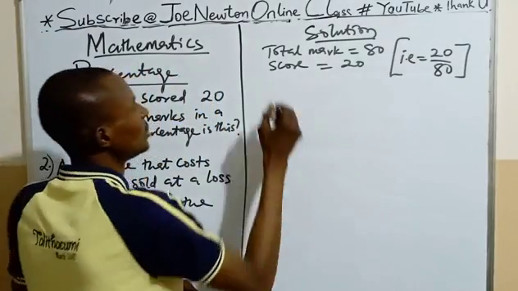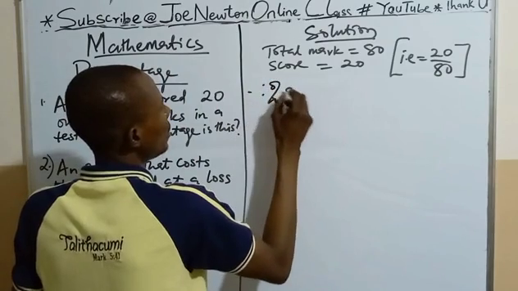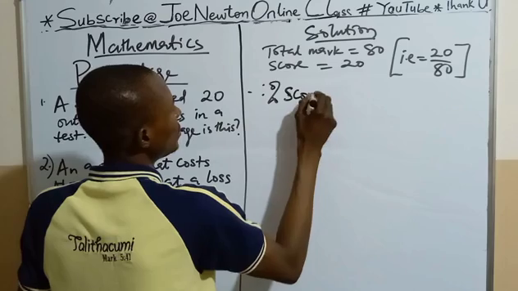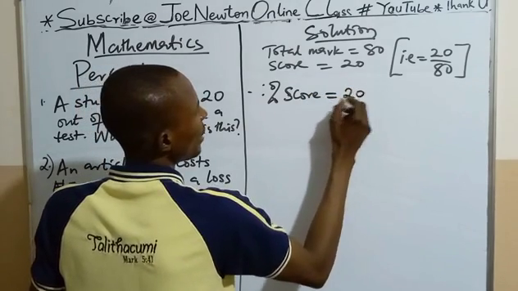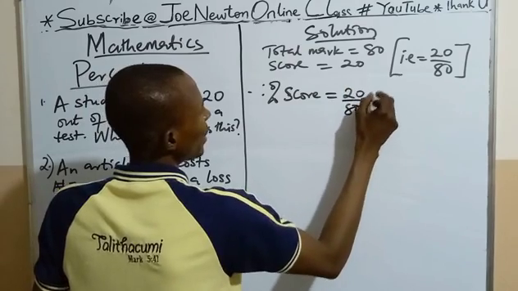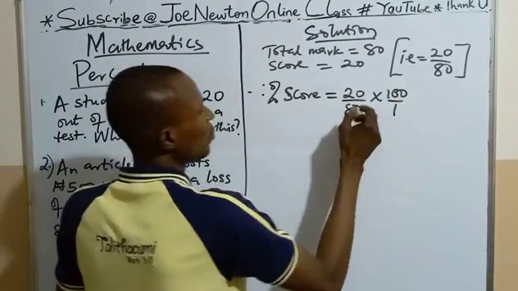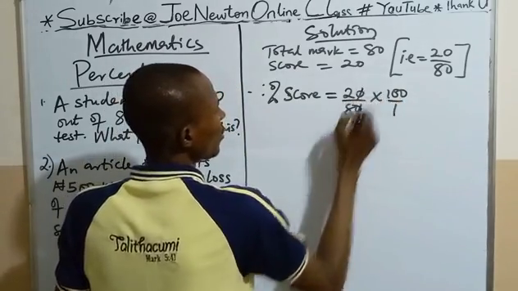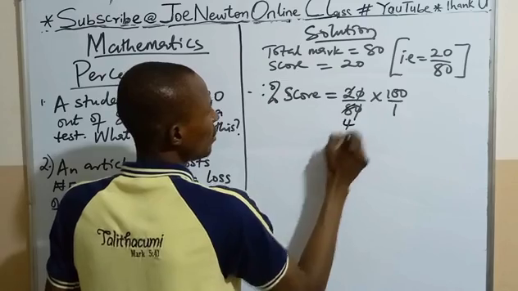Very simple. So therefore, the percentage score will be equal to 20 over 80 times 100 over 1. Then we can do this: 0 cancels 0 here. We can have 2 cancel 8, you have 4.